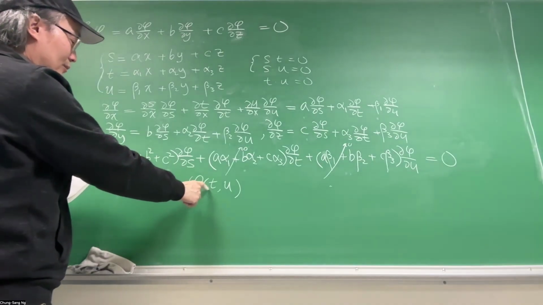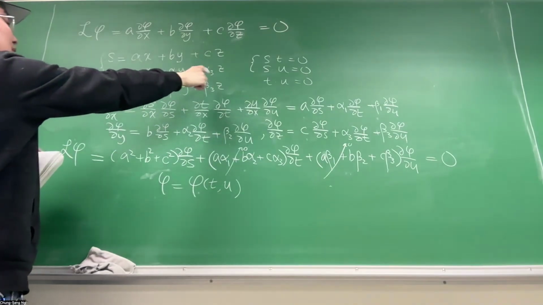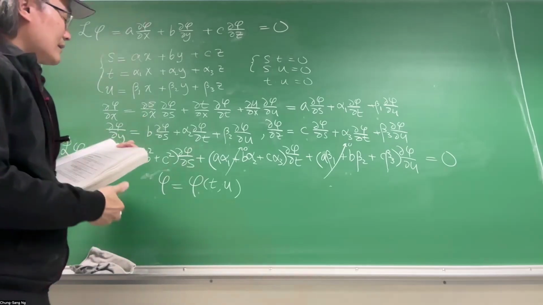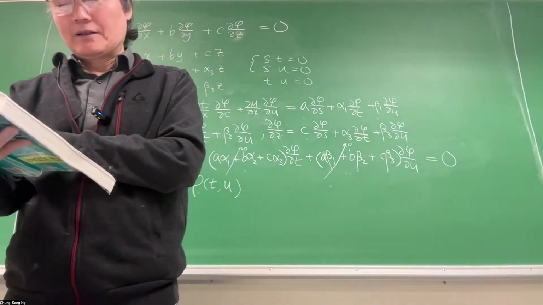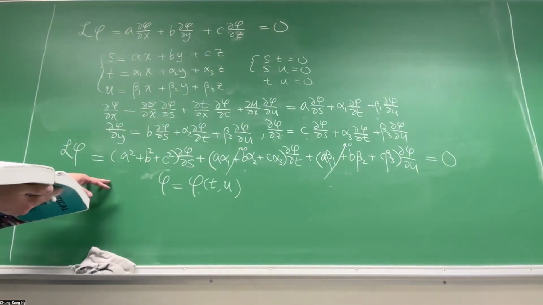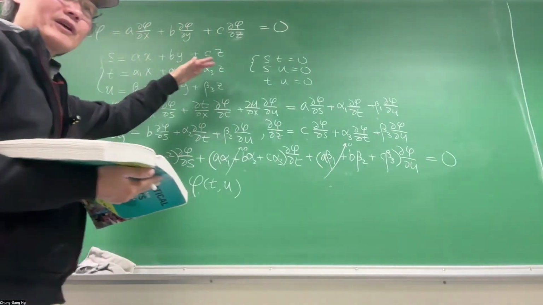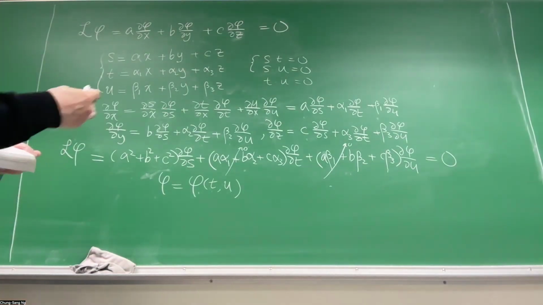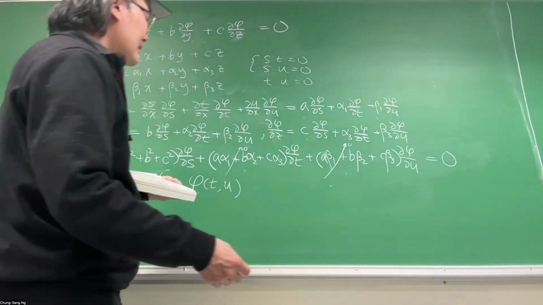So any general solution that depends on T and U, you can substitute whatever this relationship is in here, and any function that depends on this kind of combination of variables is the solution. So it's straightforward to generalize that way, and obviously if you add another variable, you can keep this going. Once you do up to 3 variables, you know how to do any number of variables. It's just getting more and more complicated.